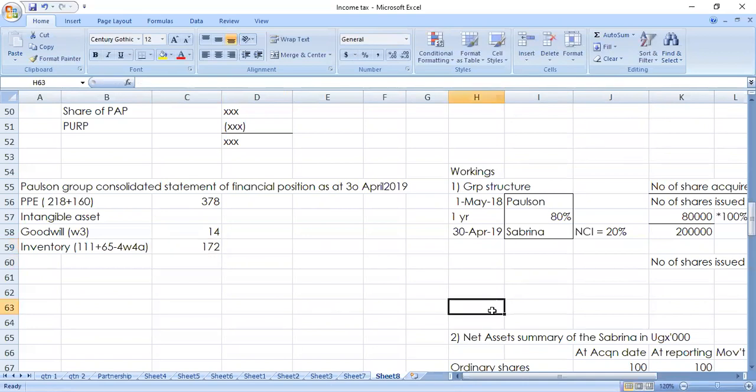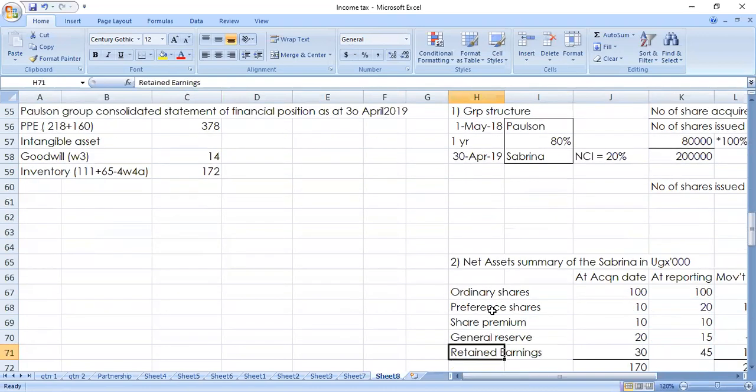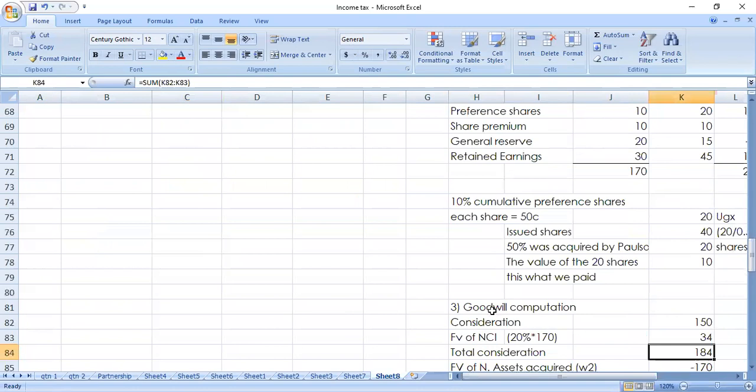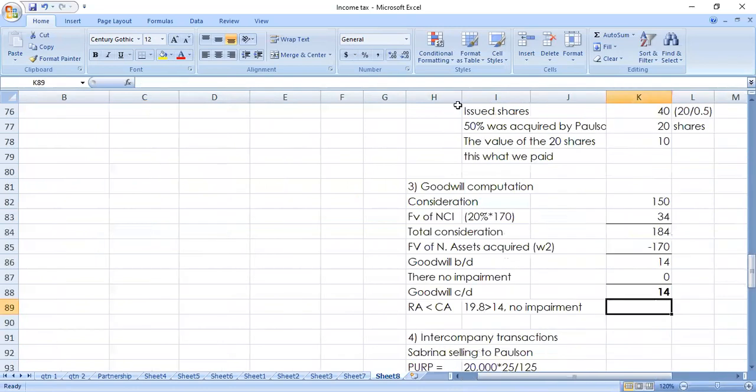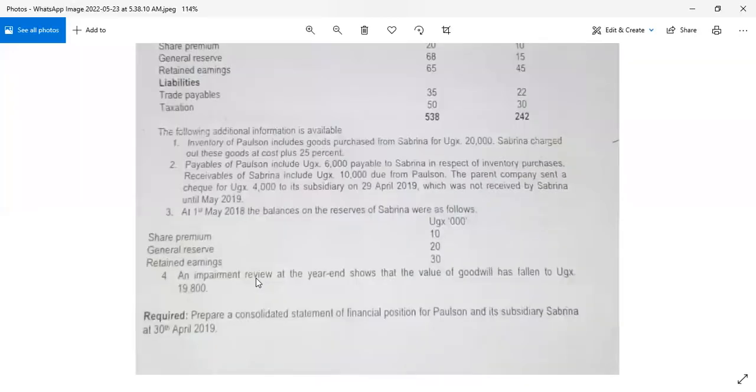Okay, so for impairment, you guys, back to our goodwill. Okay, this is goodwill. The statement was like, say that an impairment review, you know impairment review, IAS 36, at their end shows that the value of goodwill has fallen to 19,800.